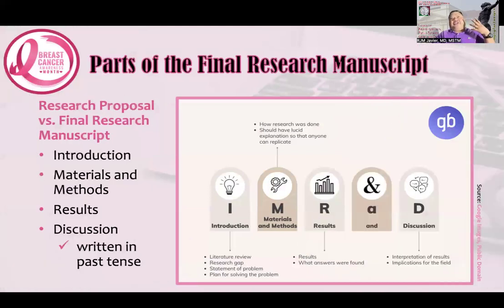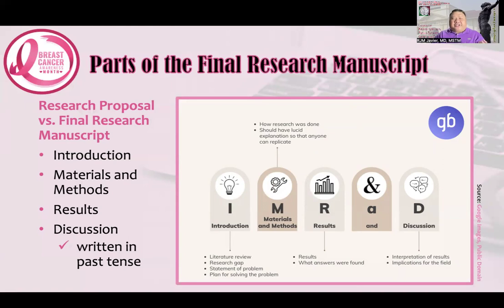By the time you finish your full implementation, your research proposal can be converted into a final research manuscript. The final research manuscript is simpler in the sense that it only has the IMRAD: introduction, materials, results, then discussion. Your research proposal, because this is something that will happen in the future, is often written in the future tense.